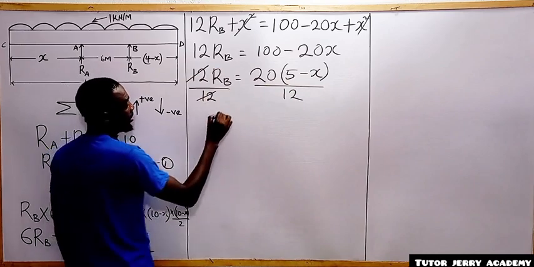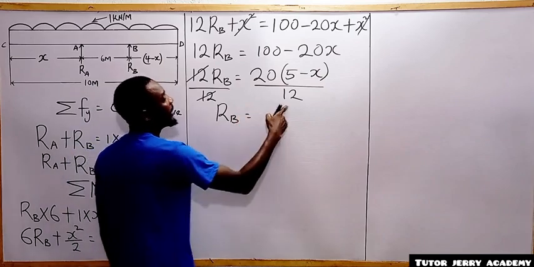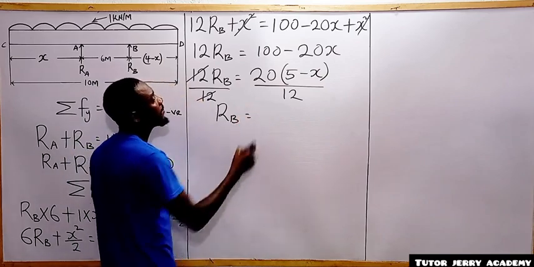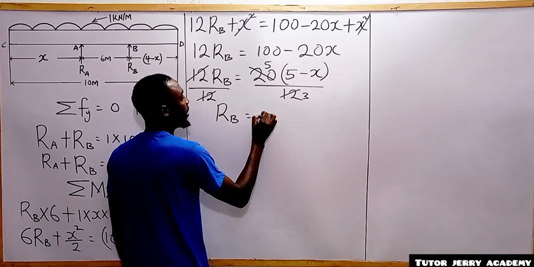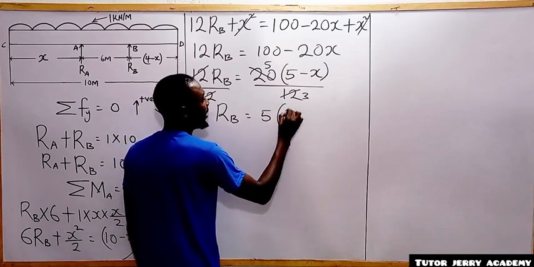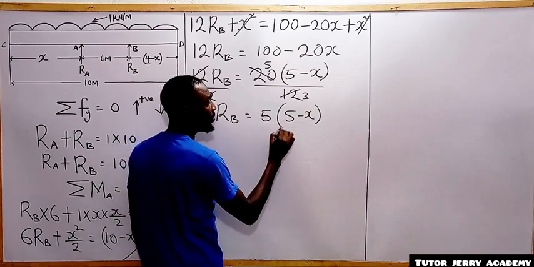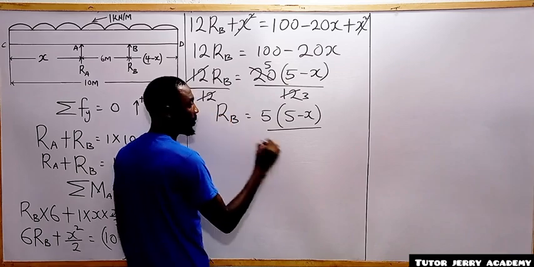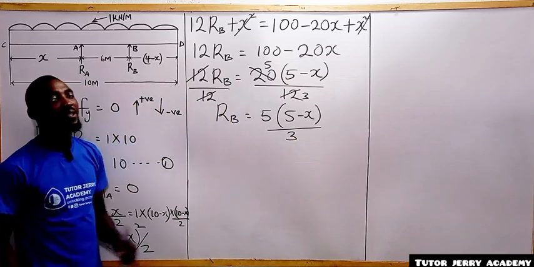All right, so our reaction at B will be equals to, here we know that 4 can go in 20 to give us 5. 4 here is 3. So here we are going to have 5 into 5 minus S all over 3. All right, so this will be our reaction at B.